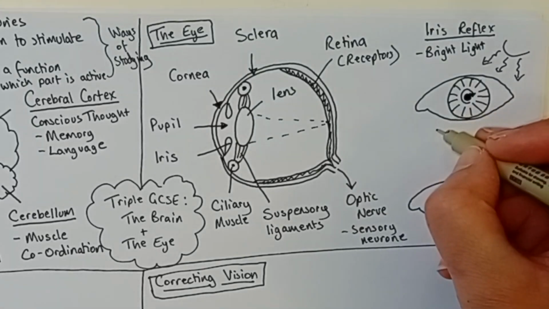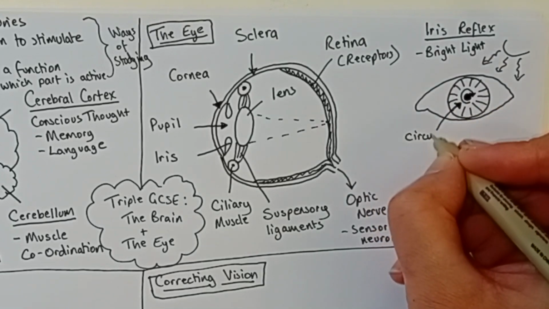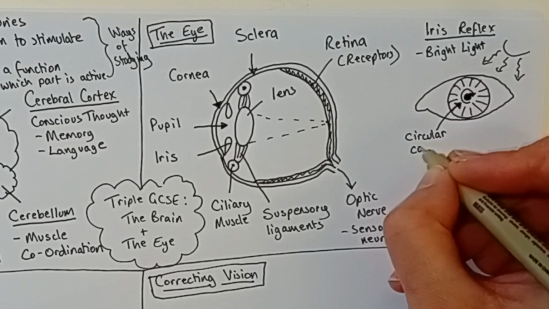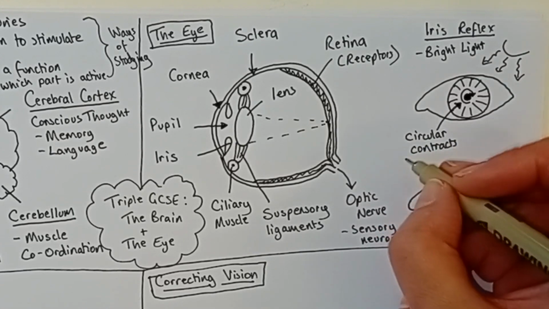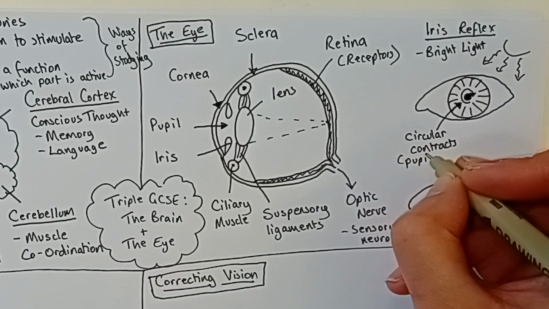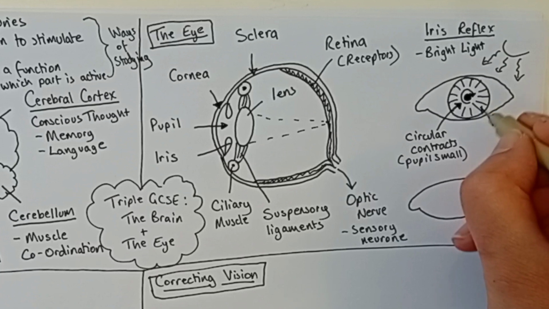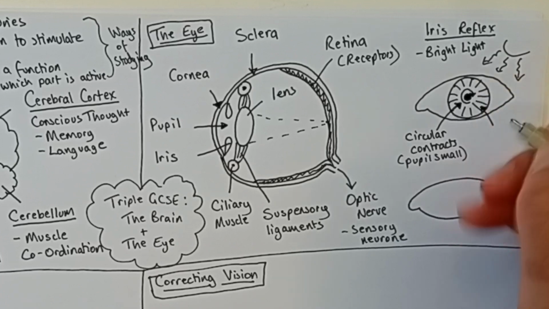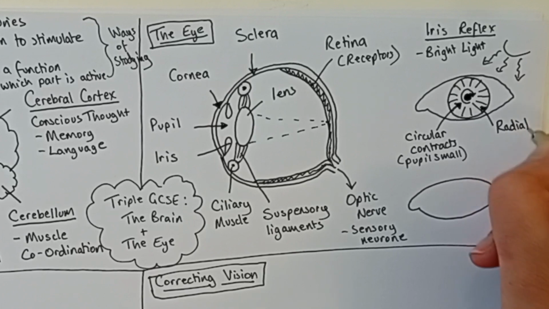So the circular muscle contracts, making the pupil small. And the radial muscles, they're the ones that come out like the spokes of a wheel, relax, making the iris wide.